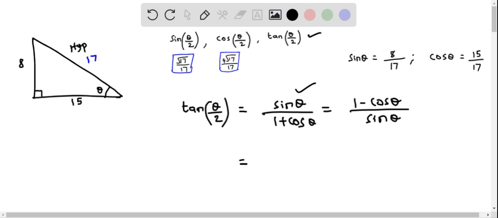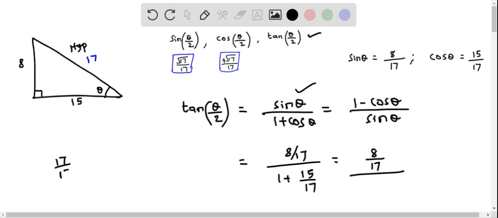Therefore sin theta is 8 by 17, so I put 8 by 17 in the numerator, and in the denominator we have 1 plus cos theta, which is 1 plus 15 over 17. So let's simplify this. The denominator is 17 plus 15 over 17, and this equals 32 over 17.